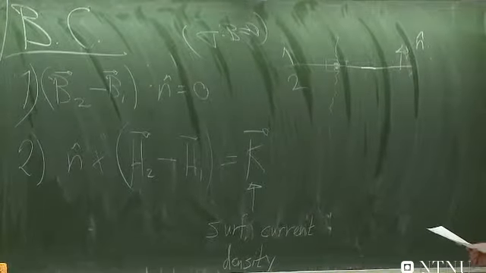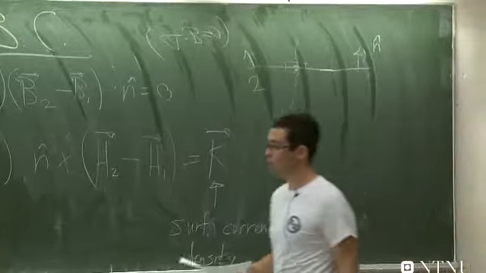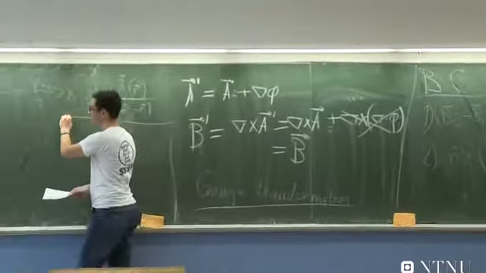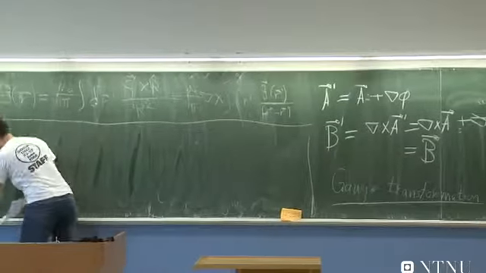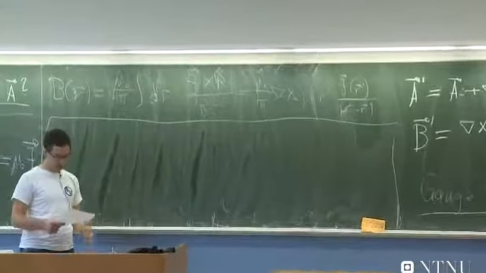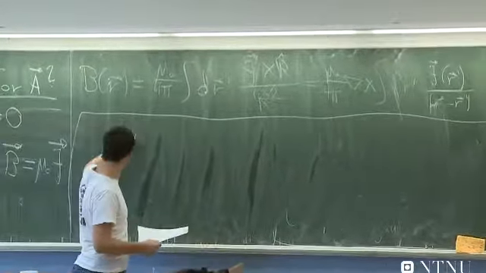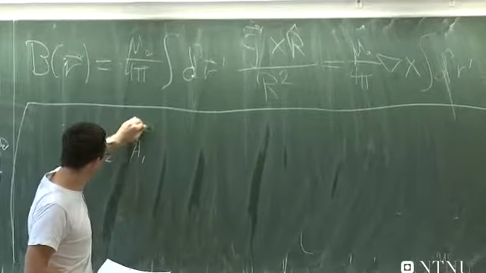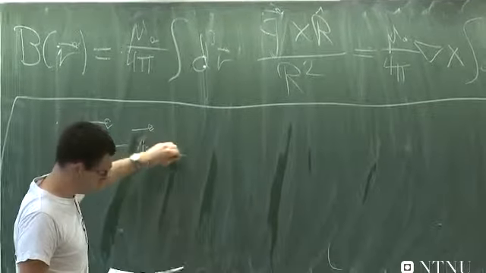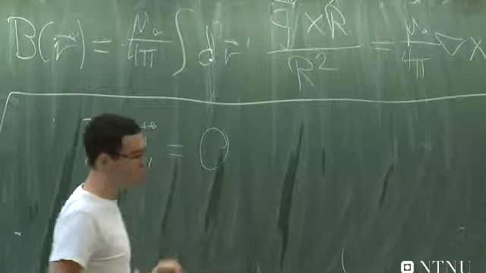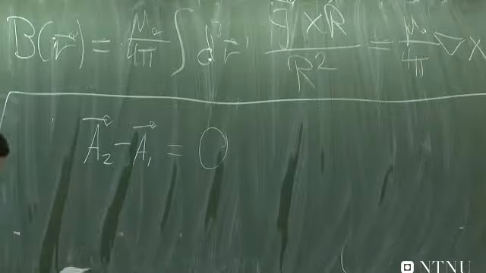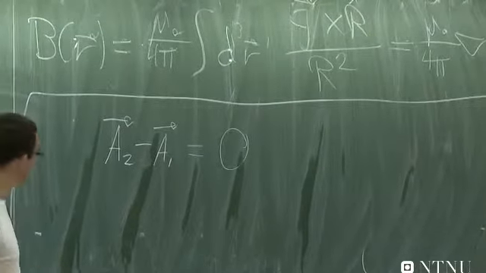Okay, and if we look at the vector potential, the one, of course, follows from the other. Then we have the following. Just as with the scalar potential, the vector potential is continuous across the interface, but the normal derivative is not quite.